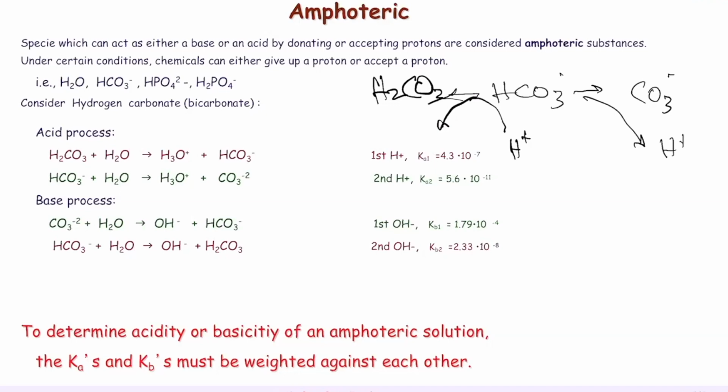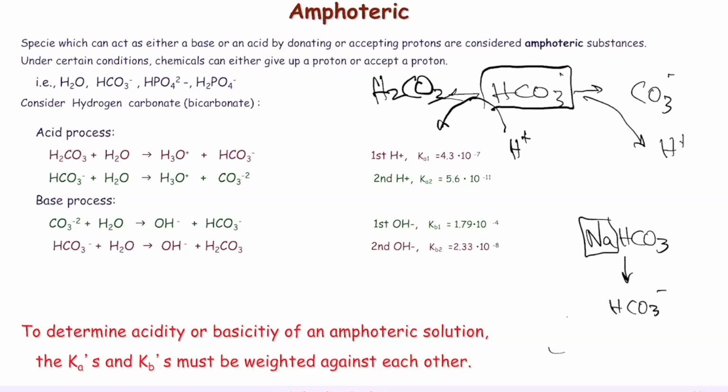So that's why it's called amphoteric. The question here is, if you have bicarbonate, and how would you have bicarbonate? You introduce it into solution via sodium bicarbonate. The sodium is a spectator, and what does chemistry in the solution is the bicarbonate ion, HCO3. We use bicarbonate as the name. We could also refer to this as hydrogen carbonate, but bicarbonate is the more common name, so you're just going to have to get used to it.